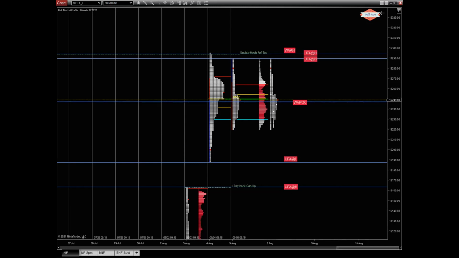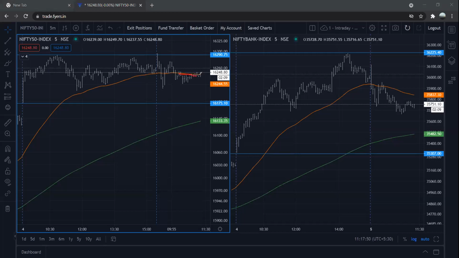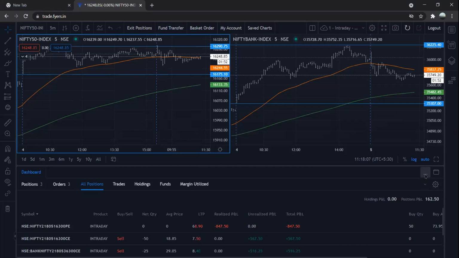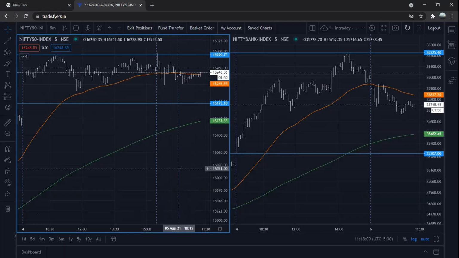But a good thing is, I'll share my trading terminal. So why is the auction developing sideways around the 50 EMA? This red or orange line is the 50 EMA, green is the 200 EMA. Auction is just developing sideways around that. Okay, why is it doing that? I'm just observing, and I think my MTM will be reducing, but that's fine.